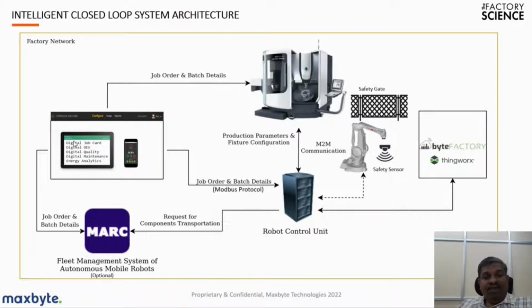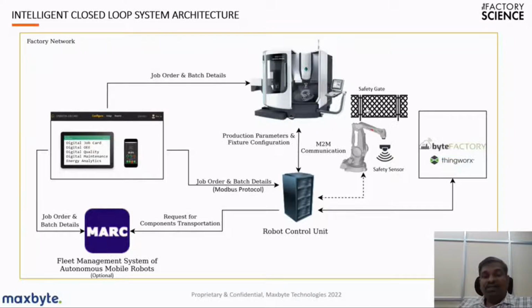And the same smart factory will control the robot control unit, which gives the job order and batch details to the robot control unit, which is again an intelligent system which controls the robot. This robot actually does the loading and unloading part.